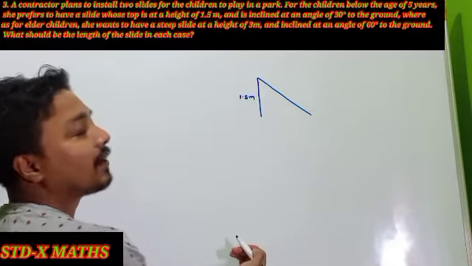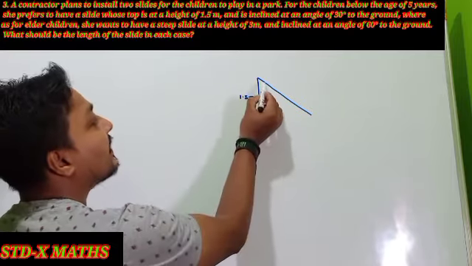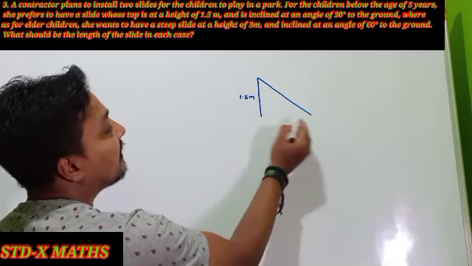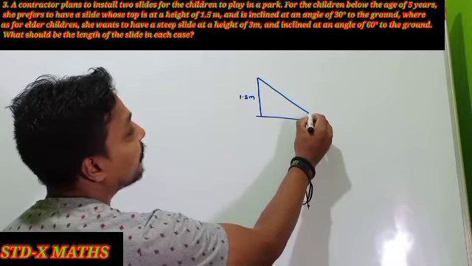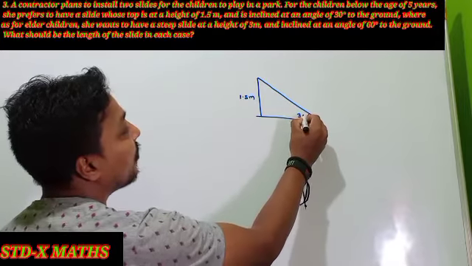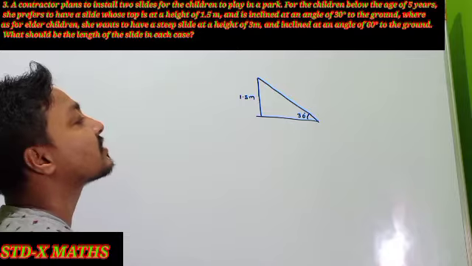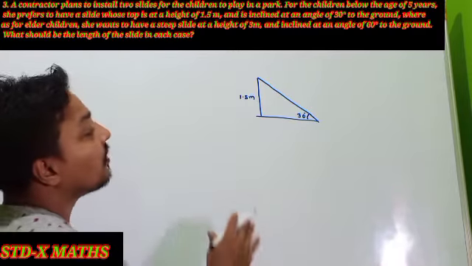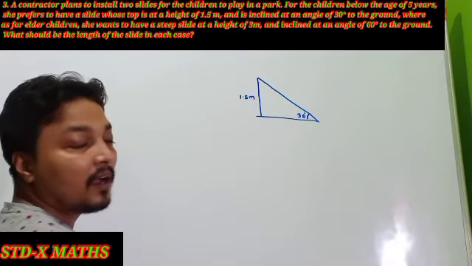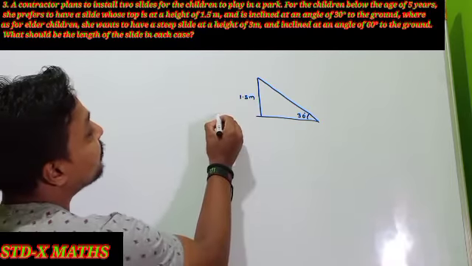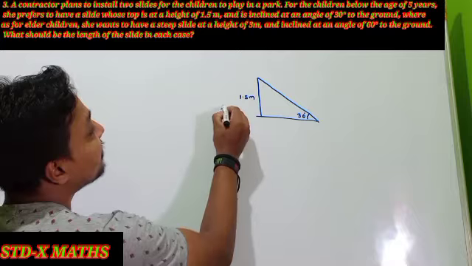This height is 1.5 meter, and the slide makes an angle with the ground of 30 degree. Otherwise, the angle of inclination of the slide is 30 degree with the ground. Suppose this one is the step.